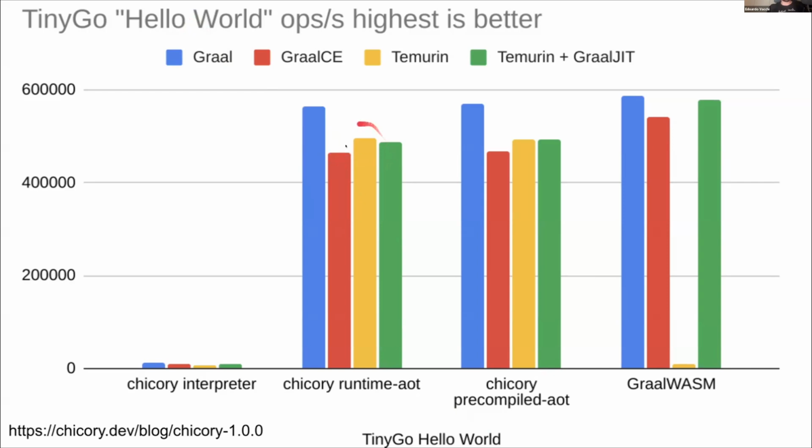We get better performance in Temurin and Temurin with GraalJIT. And the performance is pretty much the same regardless if you're using precompiled or runtime AOT. The interesting thing is that because Graal Wasm is meant to be optimized by GraalJIT, if you're running on plain Temurin without GraalJIT, you will get the same performance of an interpreter.